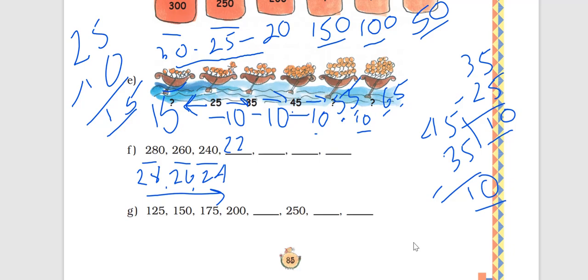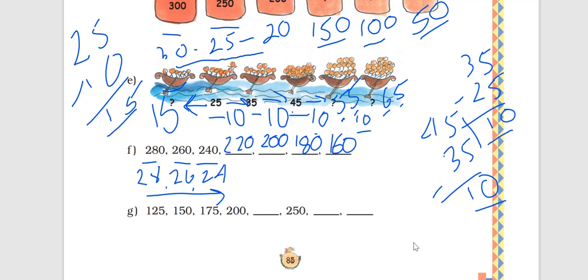So 22 tens is 220. Decrease another 2. From 22 you get 20 tens, which is 200. Decrease 2 one more time. 20 minus 2 is 18. 18 tens is 180. Decrease by 2 one more time. 18 minus 2 is 16. 16 tens is 160.